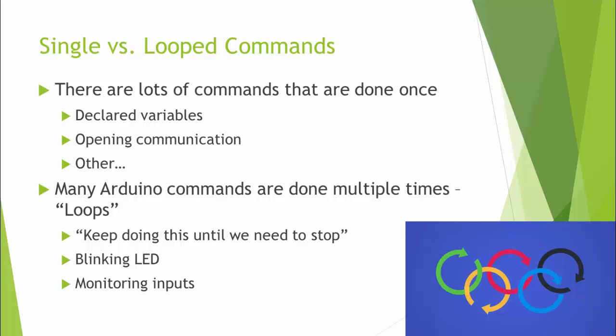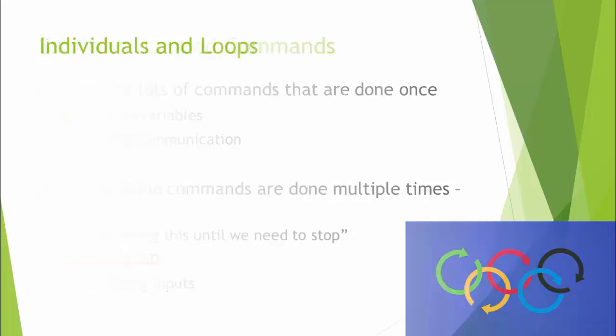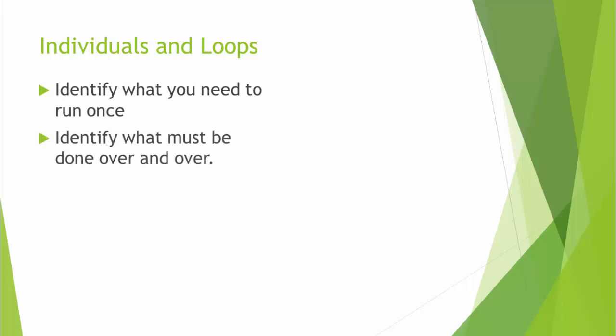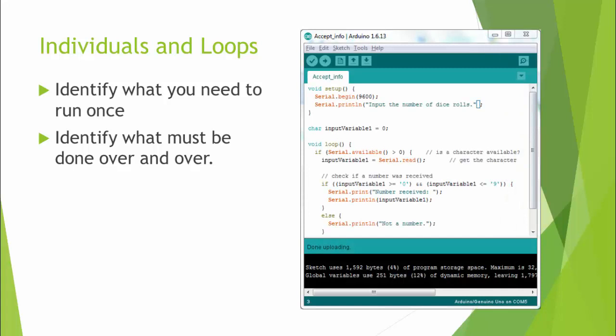We can also see loops where we want to monitor for a given input for something to happen. So for the basic Arduino sketch, we want to first identify what we want to run once, and identify what has to be done throughout the entire operation of the device.